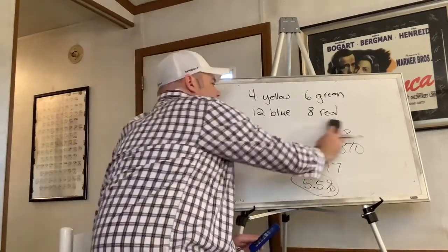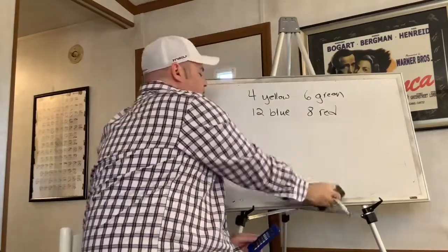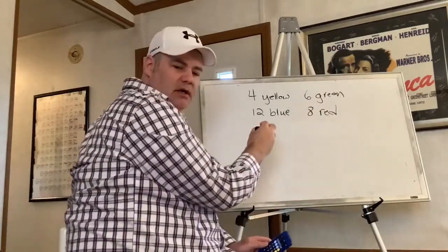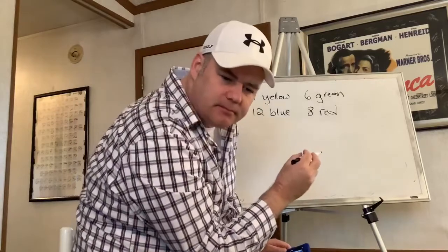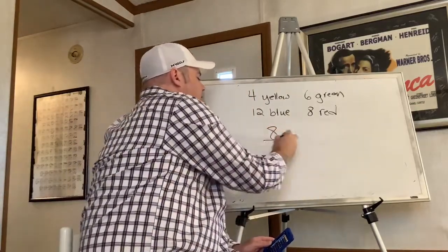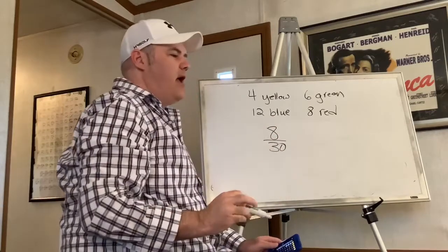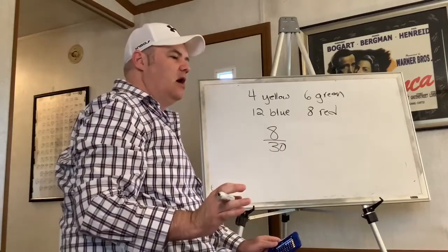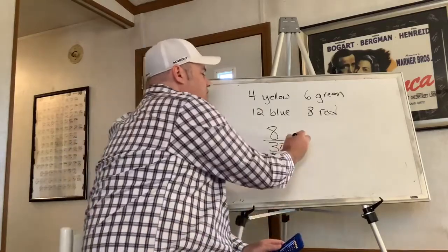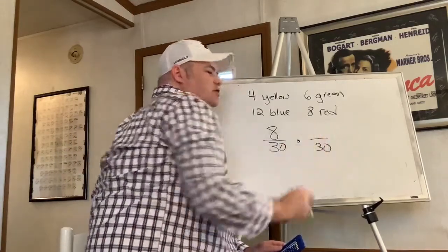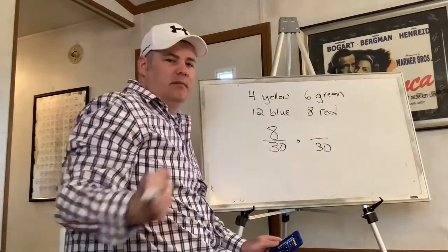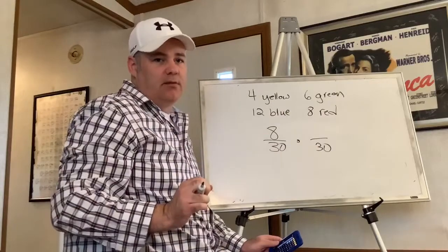One last thing to look at is, let's say you pick consecutive colors. So let's say I want to draw a red one. And let's say I put it back in the bag. Okay, so there's still 30. And I want to draw a red one again, which, you know, a game could be that way. Draw a red one, you put it back, and now you need to draw another red one.